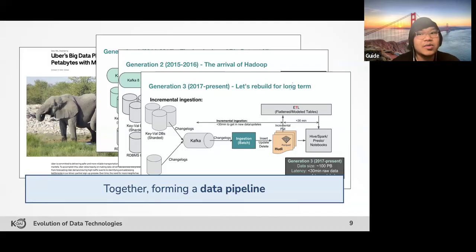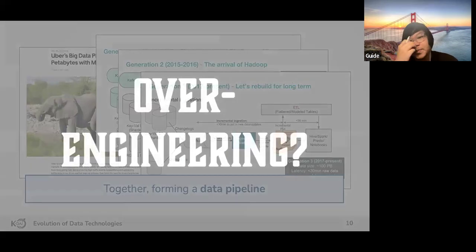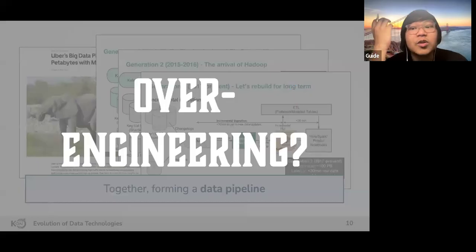Well, there is one word called over-engineering. Over-engineering is a word used to describe a moment when you're trying to do something a lot more than you should.